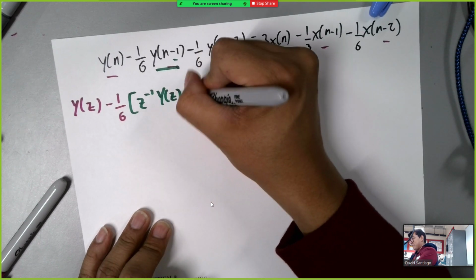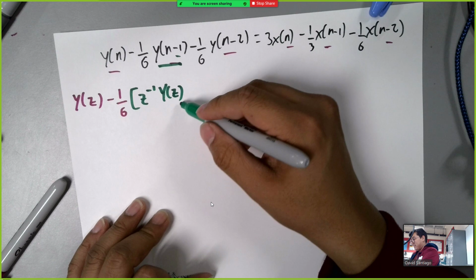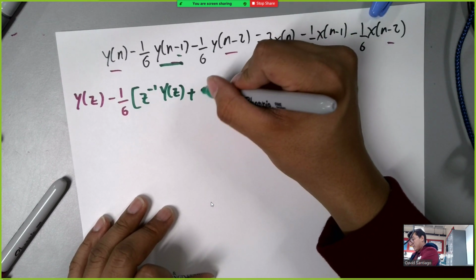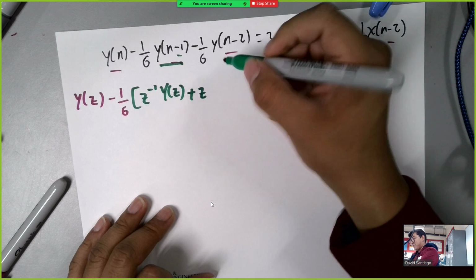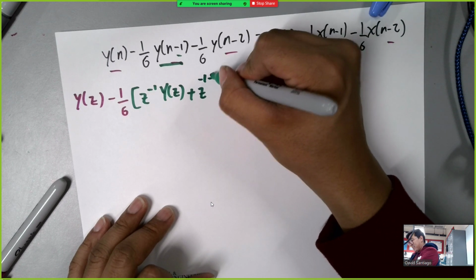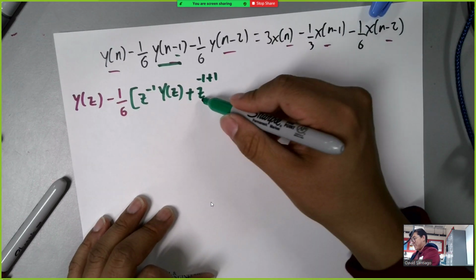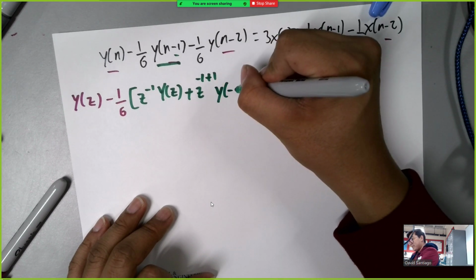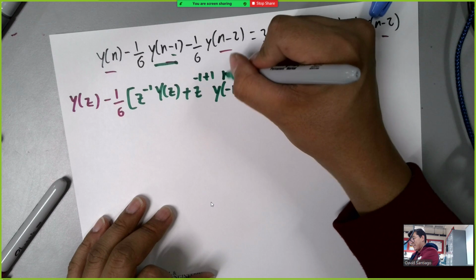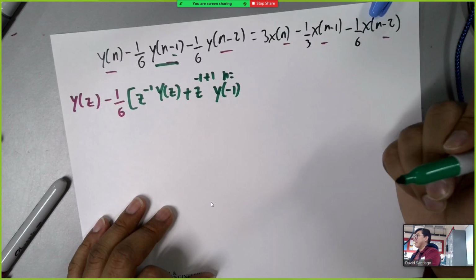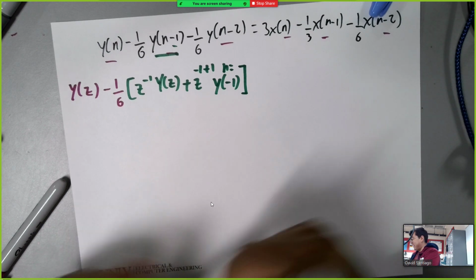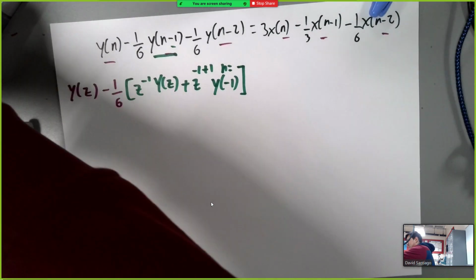Y of z, the z transform of y. Then plus, just for minus 1 plus 1, see that? And this will just turn into 1. y of minus 1. So n is equal to minus 1. All right? Easy? And that's it. We're done. Hooray!